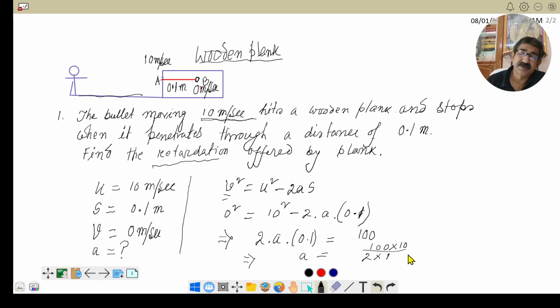You must know it. So this is equal to, if you cancel 2 into 5, 2 5 10, 500. Now what will be the unit? It is in meter per second, so this will be in meter per second square. So this is the retardation offered by the plank.